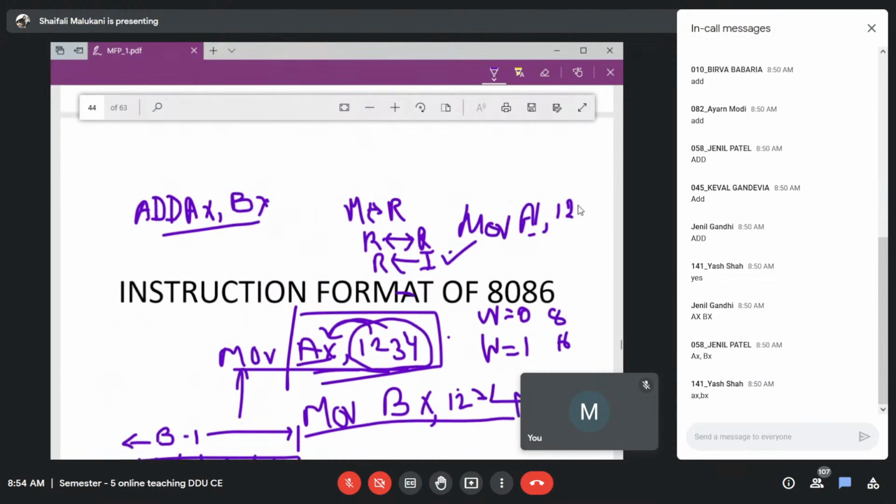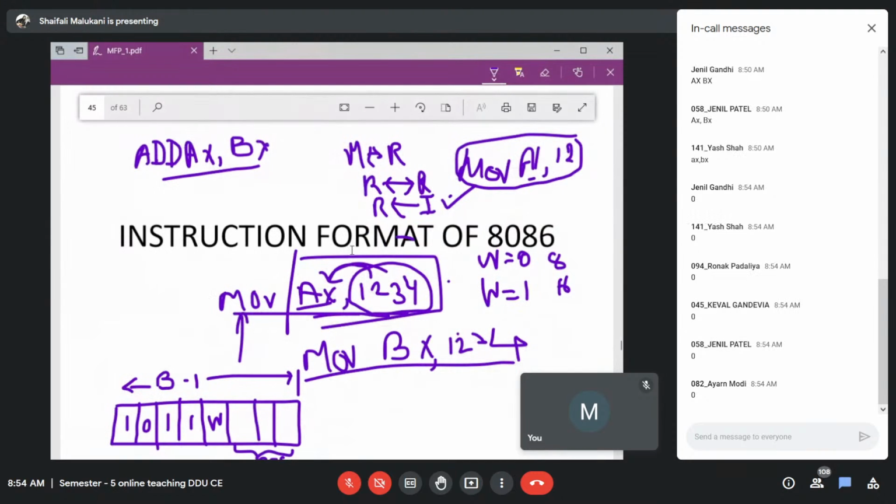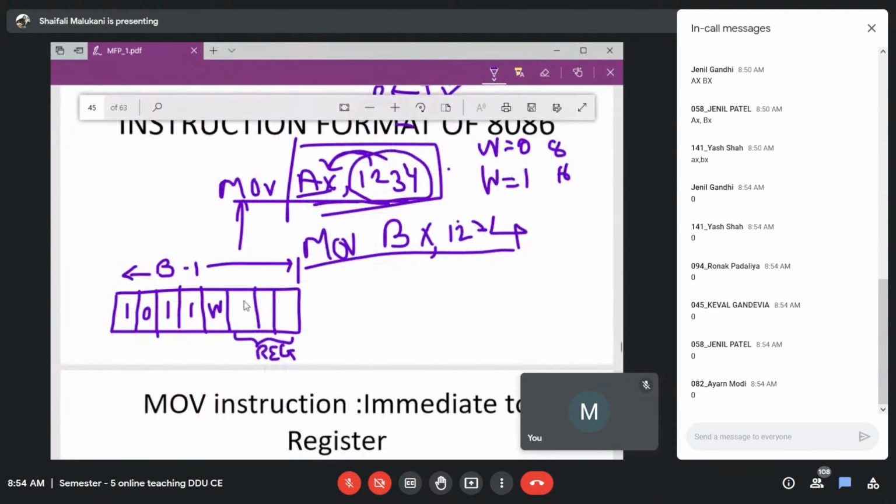That means for this instruction, can you tell me what will be the value of W? Quickly. Yes, it is going to be 0. And for this instruction, W is going to be 1. What about this register? What are the combinations possible for these 3 bits? How many combinations are possible? 8 combinations are possible, from 000 to 111.